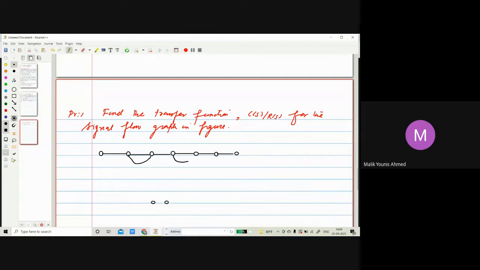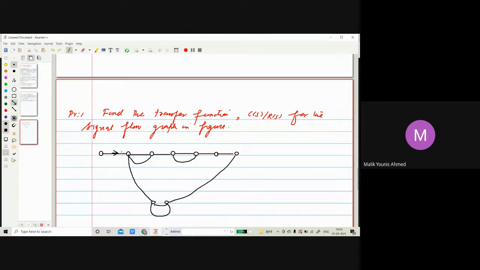Another will be this one. Then bigger will be, this will be bigger. This is joining this one. Then there will be a small loop also. Okay, that's all. Well, let's draw the arrows first.